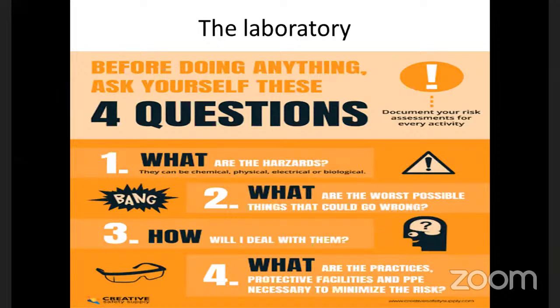What are the worst possible things that could go wrong? The third question: How will I deal with them?